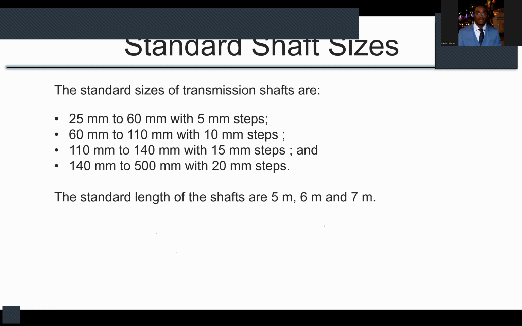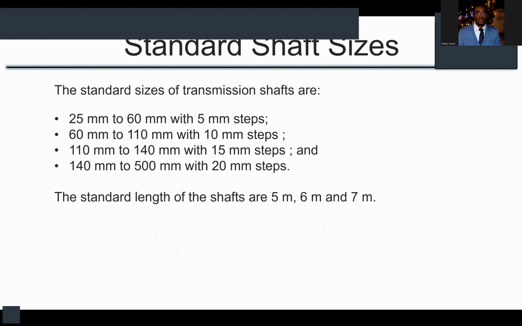You can have other shafts that are not transmitting very high power and high torque. Those can be any size you want. But for transmission shafts, the minimum standard size you would find is 25 millimeters. When we say 25 millimeters, we mean the diameter of the cross-section.